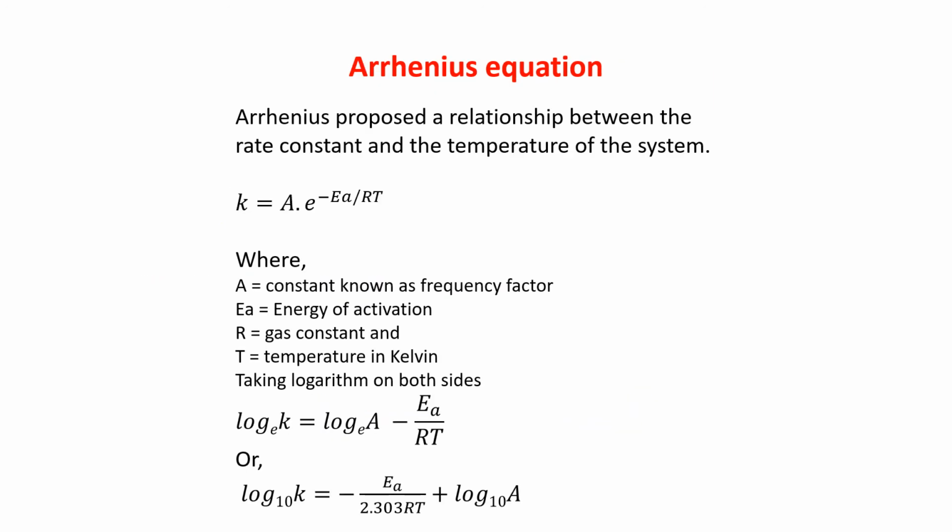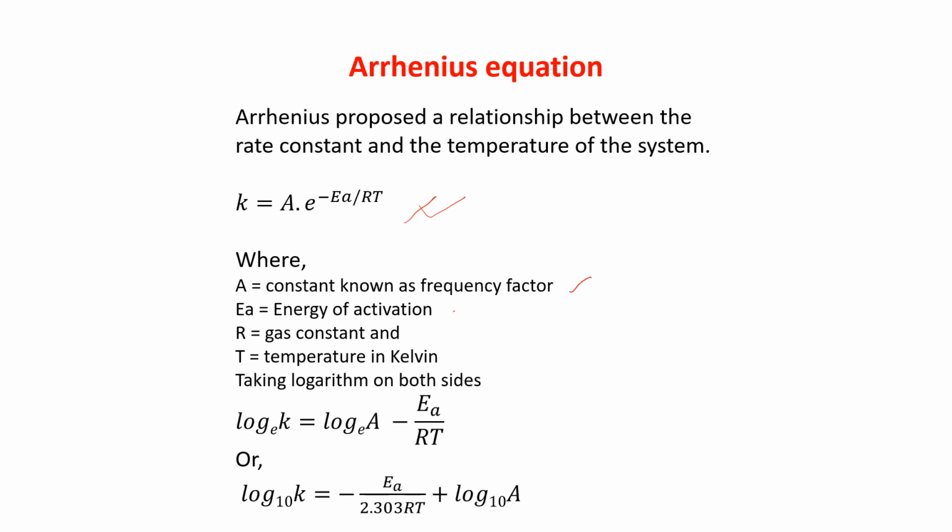Arrhenius equation. Arrhenius proposed a relationship between the rate constant and the temperature of the system. You only have to know the formula. K is equal to A e to the power minus Ea by RT, where A is the constant known as the frequency factor, Ea is the energy of activation, R is the gas constant, and T is the temperature.